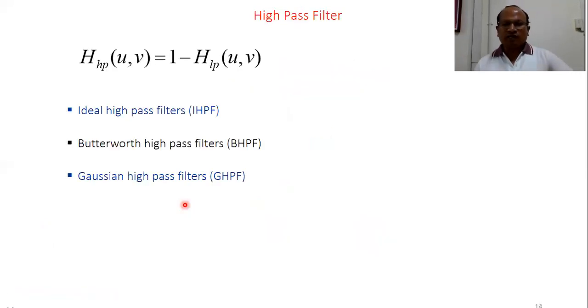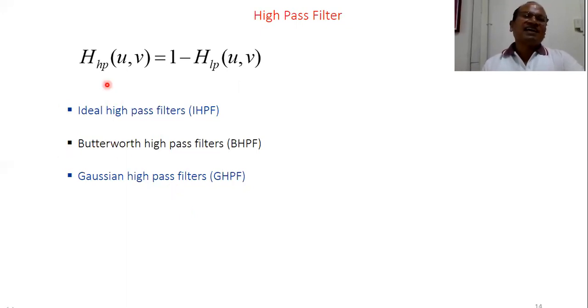Next one is the high pass filter, because band pass filter is a combination. So let's begin our discussion on high pass. In simple language, whatever low pass does, the reverse operation the high pass filter will do. Therefore, how can we write the transfer function?